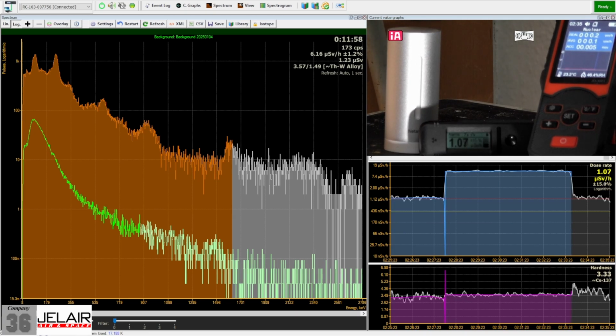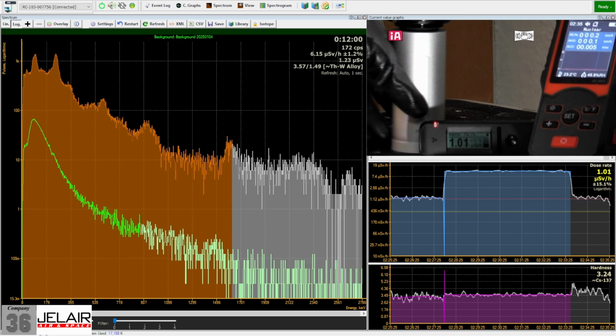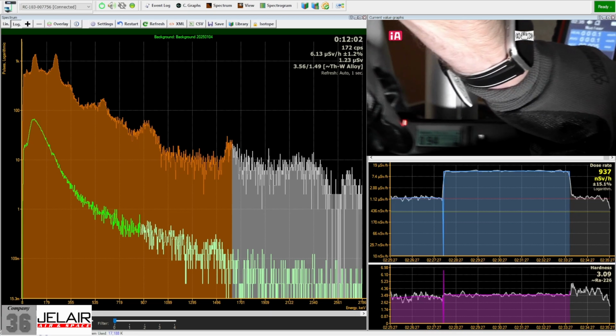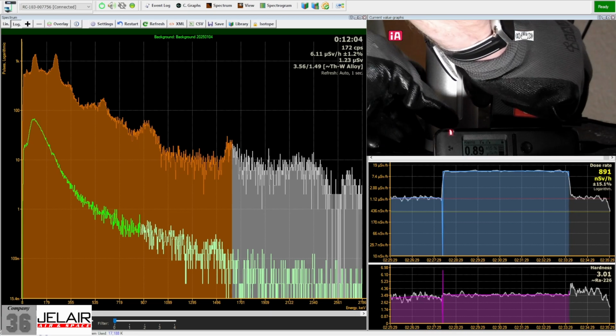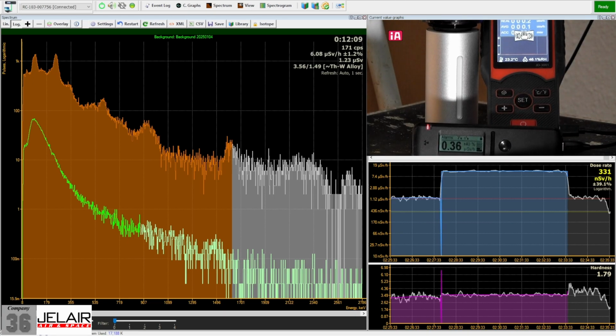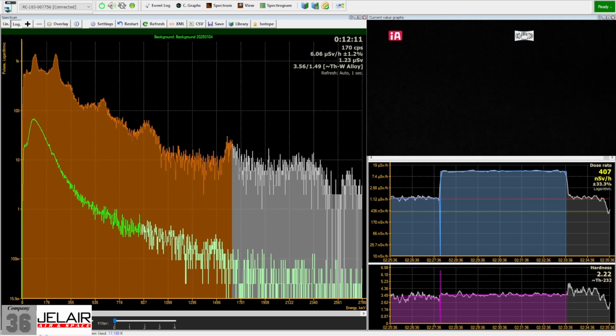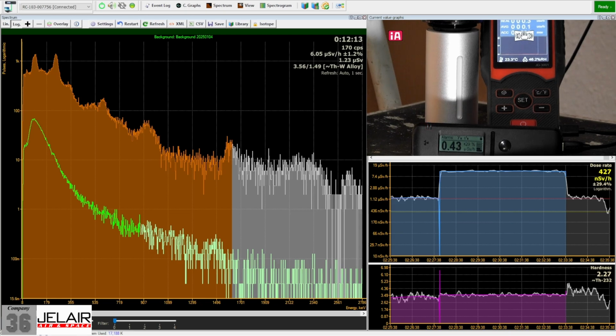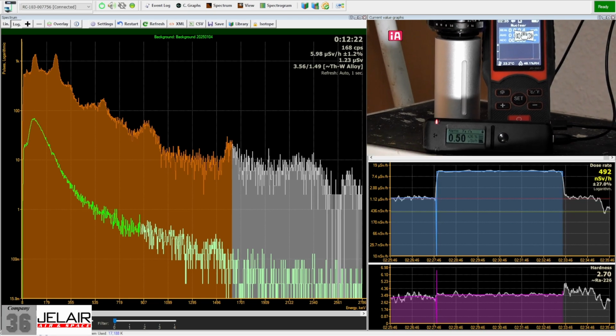Now I'm going to elevate the lens to see if I can get more detection on the Geiger-Müller tube. It's still at 0.2, 0.1. So now the Radiacode dropped even more, because now the lens is, I guess, 6, 7, 8 centimeters above it.